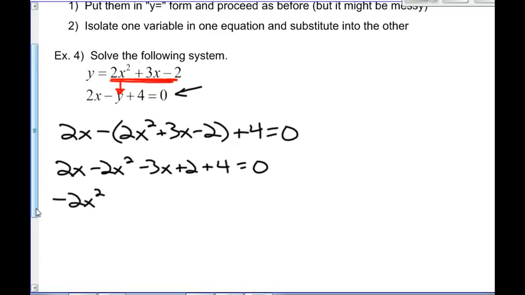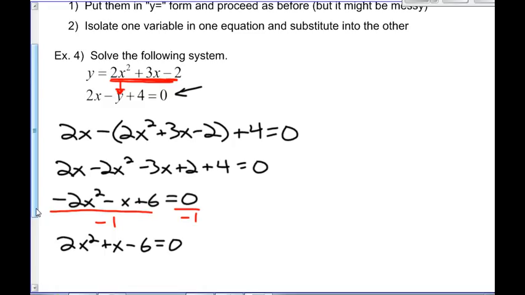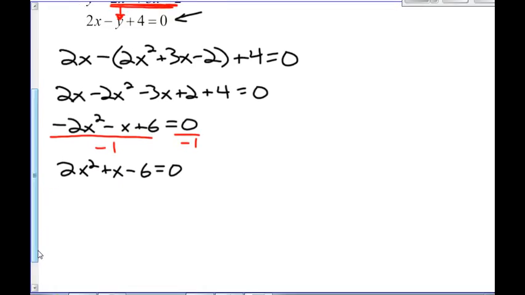It's a quadratic, so I'll put it in a nice order. I don't really like having a negative leading coefficient, so I'd be inclined to divide both sides by -1, or you might think of it as multiplying both sides by -1. Either way, same effect. Or you might just think of it as switching all the signs. As long as you do it to both sides, everything stays balanced.